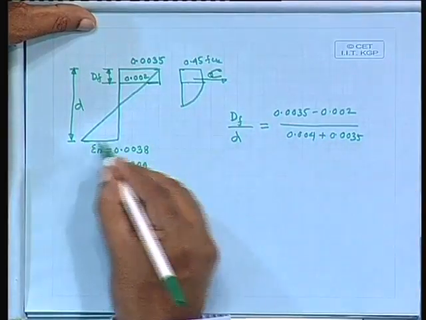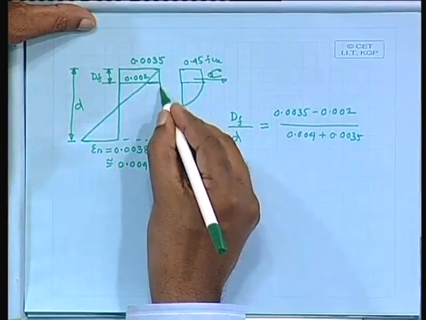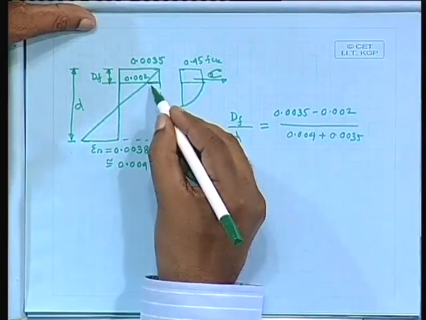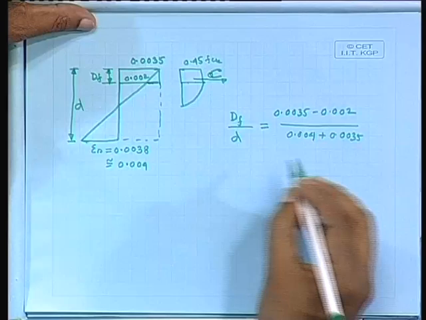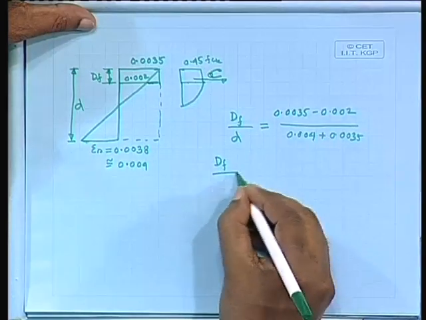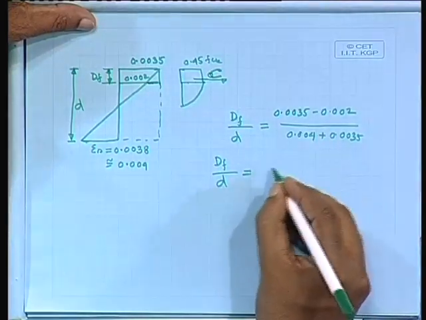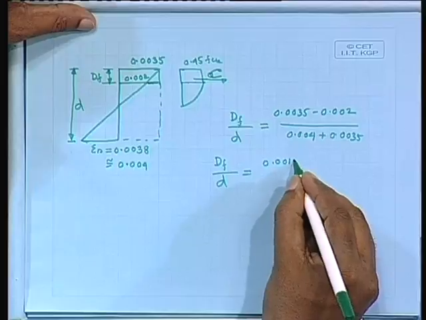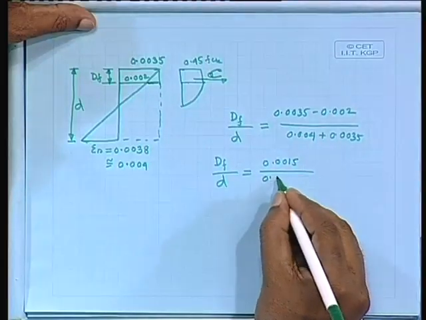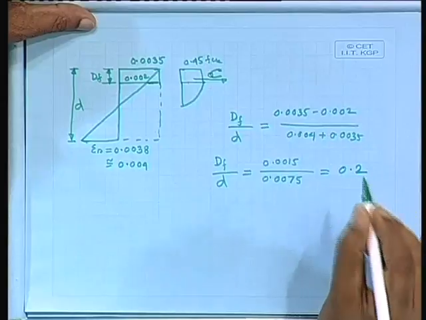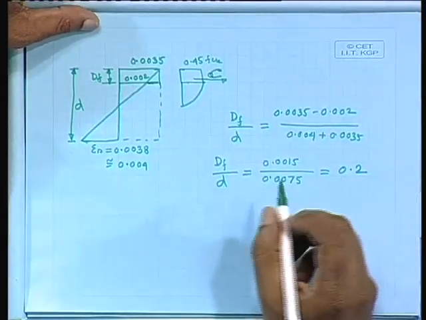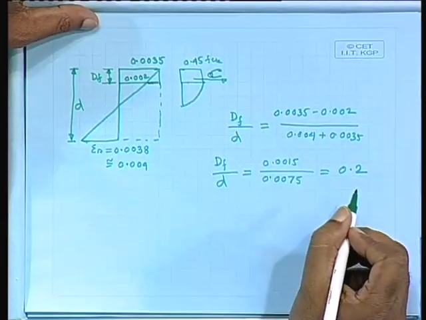I am taking this one whole from this triangle. So, this divided by this, 0.004 plus 0.0035. So, I can get dF by d equal to 0.2. So, dF by d equal to 0.2.